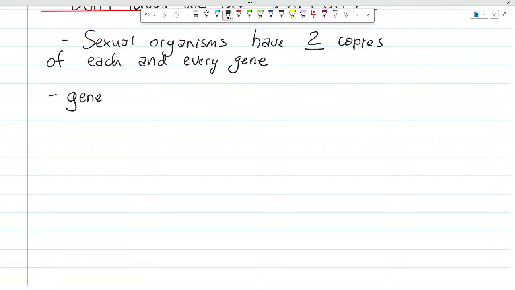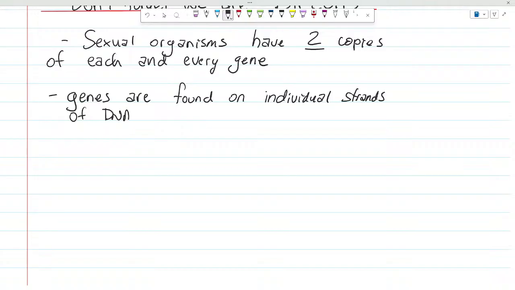Genes are found on individual strands of DNA called chromosomes.